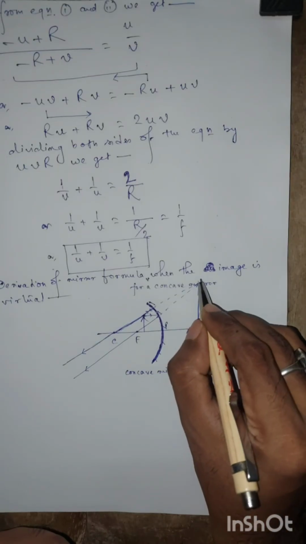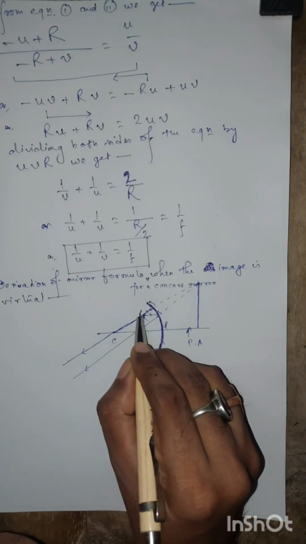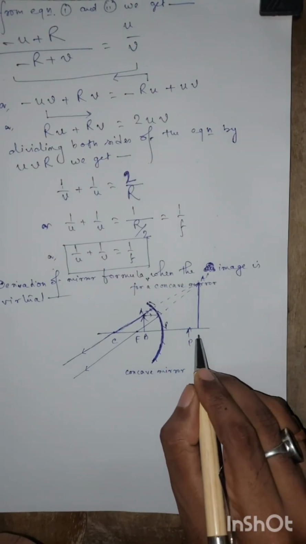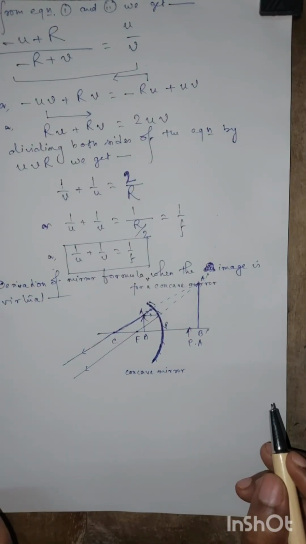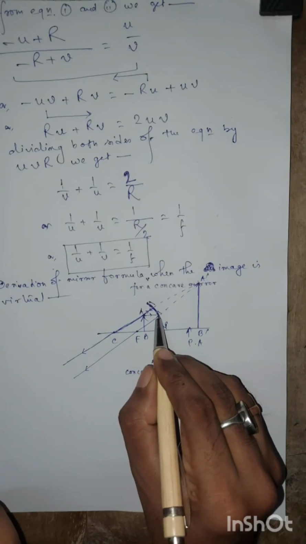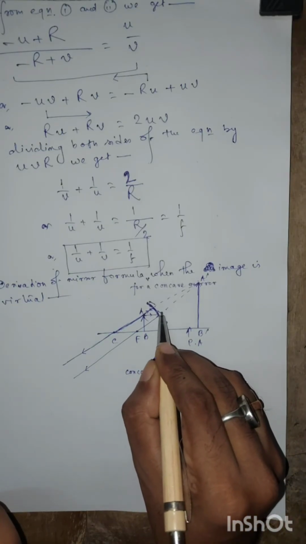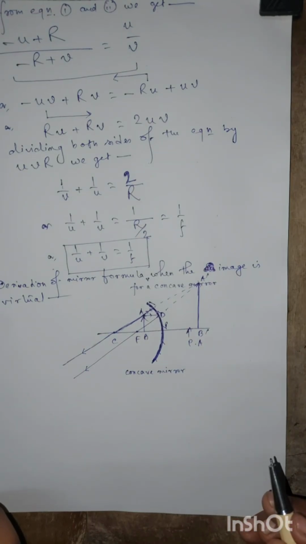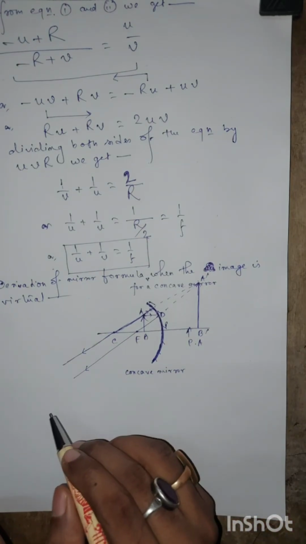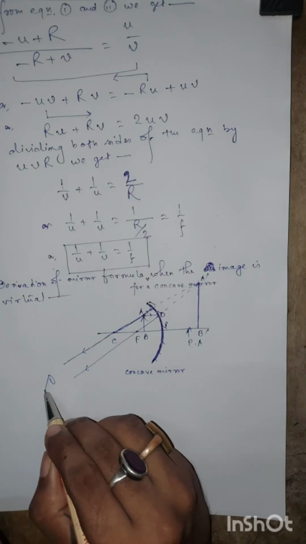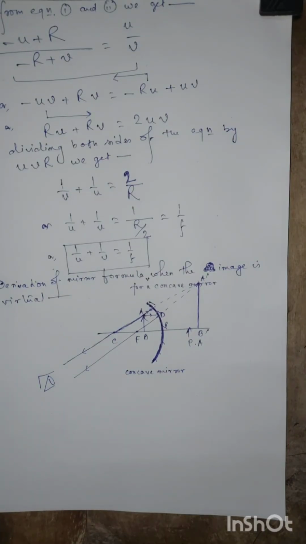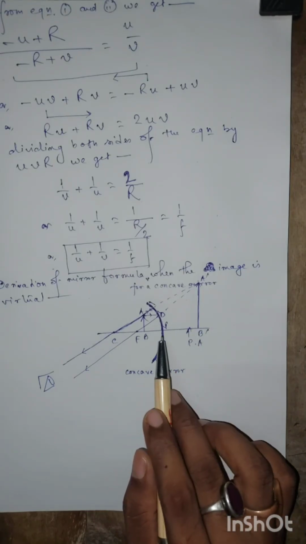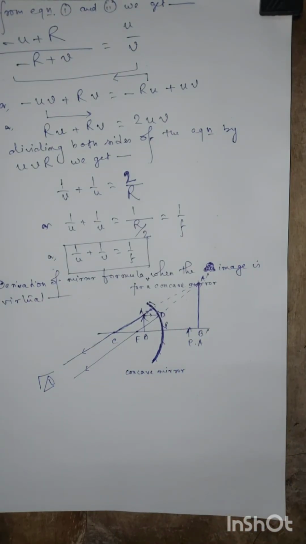So this is our image. So let us call our object AB and our image A dashed B dashed. So let us call this point D. So when we place our eye somewhere like this, we see a virtual object behind the mirror, which is also magnified.